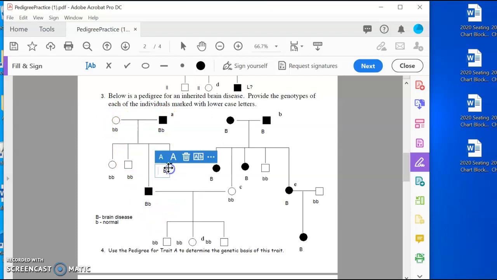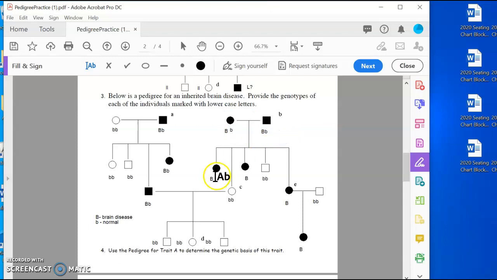You notice a lot of them are heterozygous because that's the only way you get these recessive ones to pop up. All right, over here, these guys have 5 kids. 1, 2, 3, 4, 5. 2 of them are little b. Well, they had to get one of those little b's from mom and one from dad. So that figures both of these guys out that they must be big B, little b.